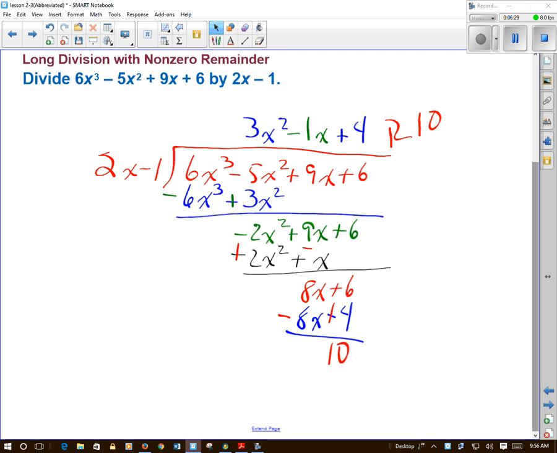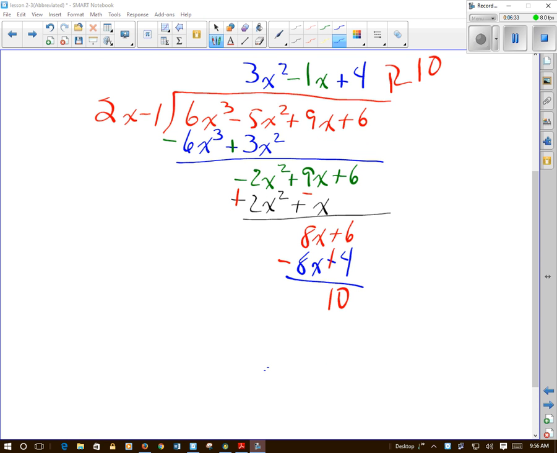But sometimes we want to rewrite that and think of it instead as 3x squared minus x plus 4 plus 10 over 2x minus 1. 2x minus 1, of course, being our original divisor.